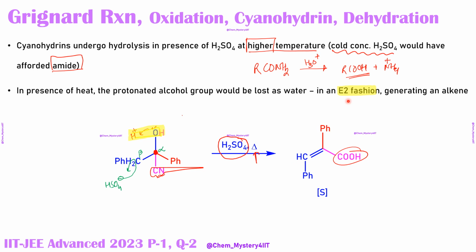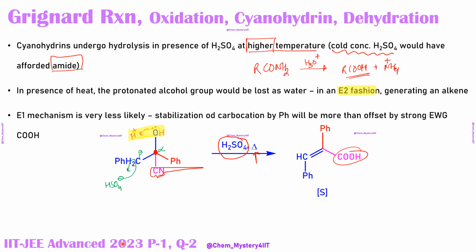Again, I am emphasizing this is most probably E2 fashion, because an E1 mechanism would require the stabilization of the carbocation which would have been formed.